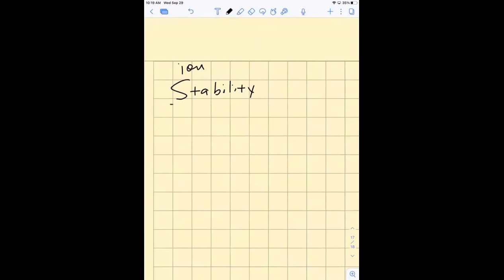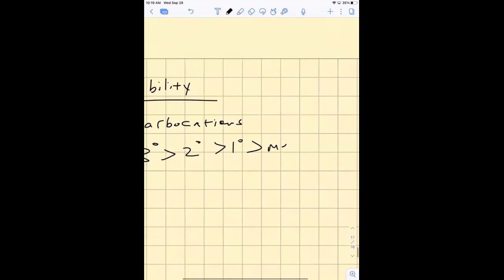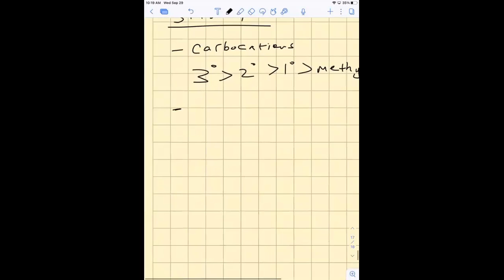All right, so for carbocations, tertiary is the most stable, and then secondary, and then primary, and then methyl. Radicals follow that same trend.